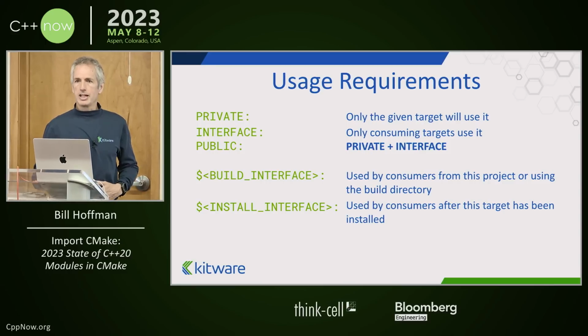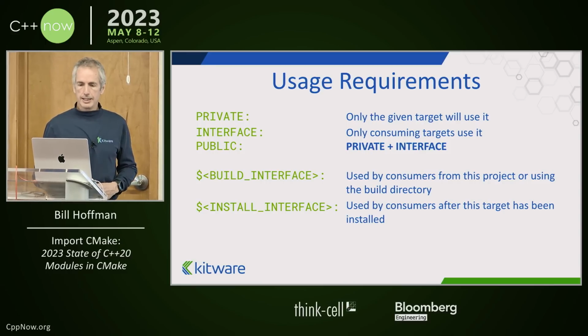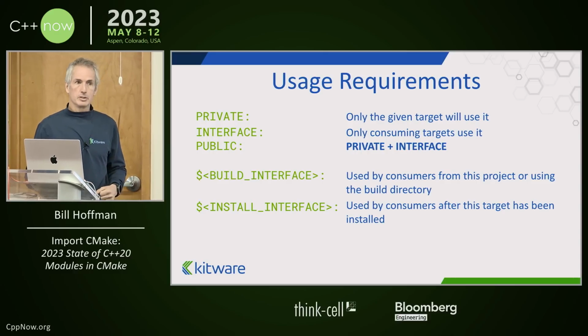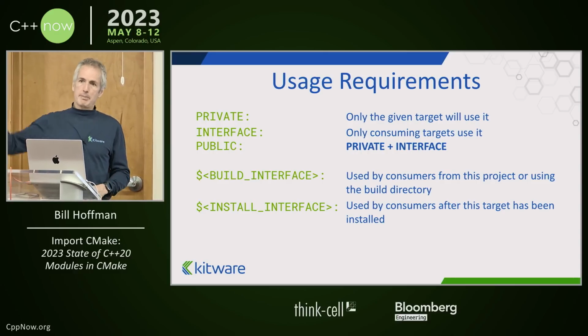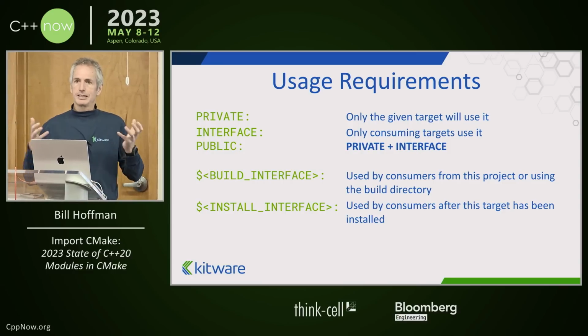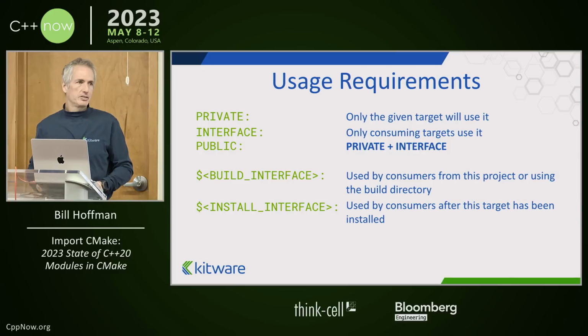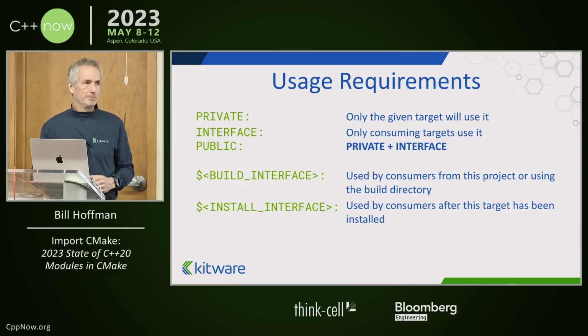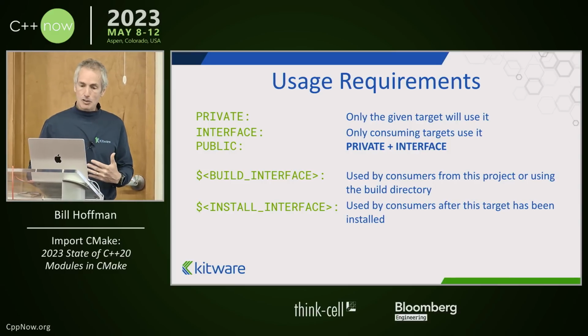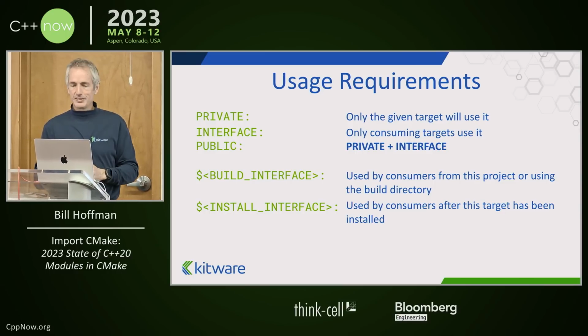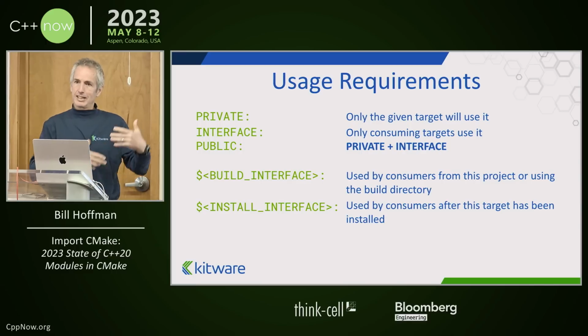And then you can use what's called generator expressions to specify a build interface or an install interface to a library. And generator expressions, going back to that first slide that shows sort of how CMake works, are important because they're expanded when the actual build system gets written out, or during the install phase, so when it needs to know these things, not necessarily at the time when it's evaluating the CMake code that the user's writing.